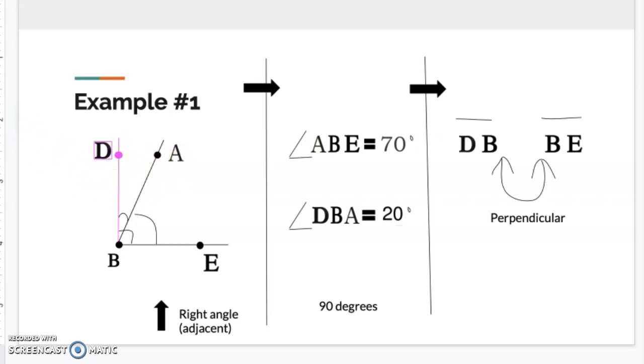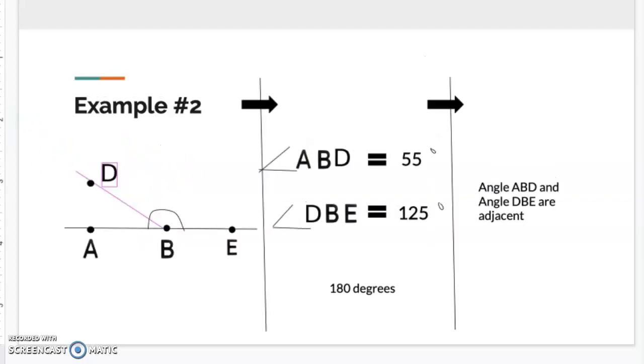Okay, so the next example is about supplementary angles. As I said in the second slide, supplementary are any angles that add up to 180 degrees. This is a straight line. That was another vocab. Straight angle is 180 degrees.